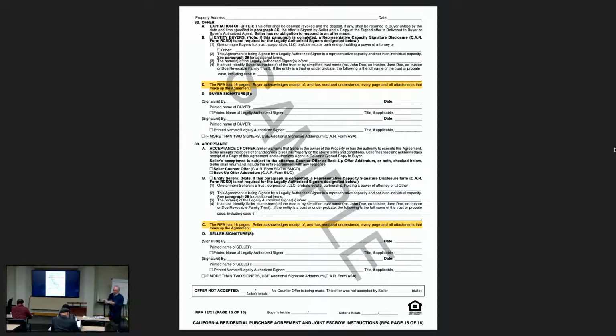So then you've got one or more buyers as a trust, corporation, LLC, probate estate, partnership, holding a power of attorney, or other. Okay, so one applies unless you fill something in the other. 2 says this agreement is being signed by a legally authorized signer in a representative capacity and not in an individual capacity. See paragraph 28 for additional terms, which I just read to you.